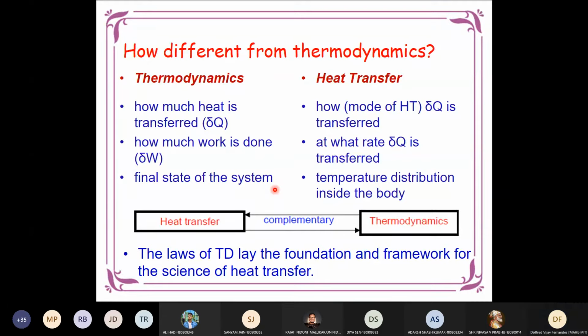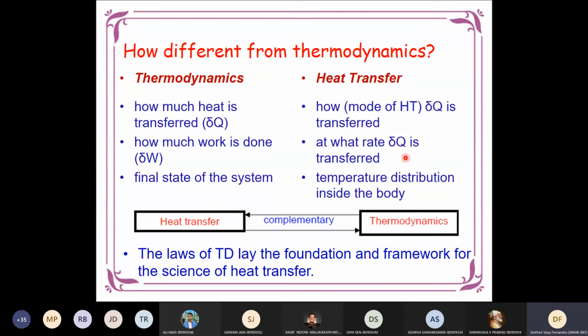Thermal equilibrium: when there is a temperature difference, ultimately heat will flow from higher temperature to lower temperature, and there will be thermal equilibrium. So the energy in transit will be estimated.